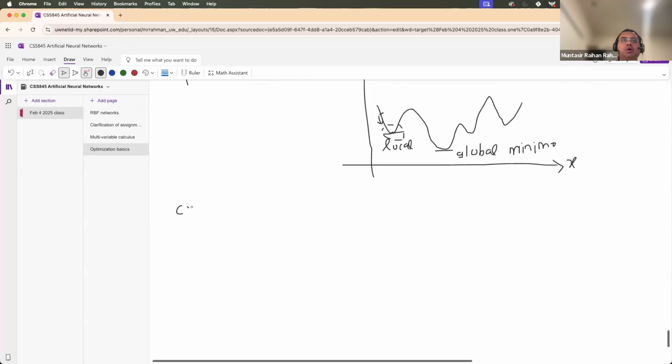Okay. So what is the criteria for a local minima? Let's try to understand that. Let's say I have a point x, and I compute the function at f of x.